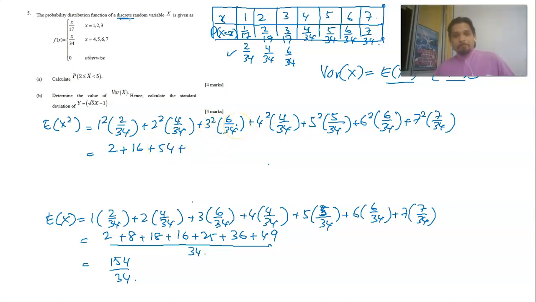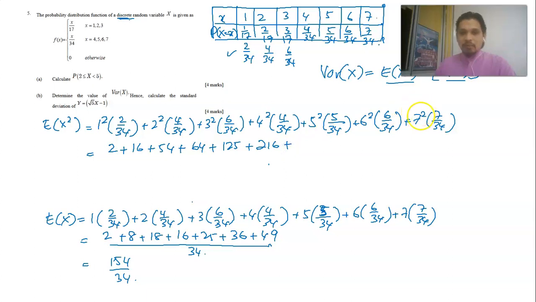4 squared equal to 16 times 4 equals 64. Plus 5 squared is 25 times 5, 125. 6 squared equal to 36 times 6, 216.